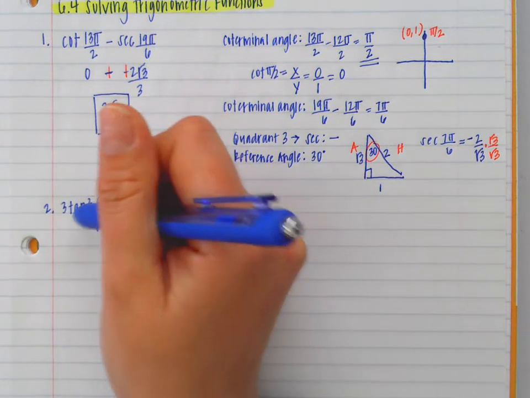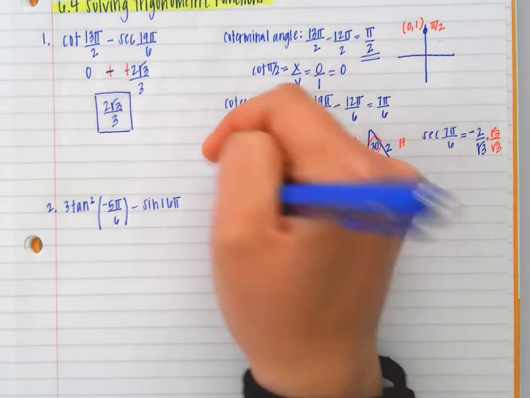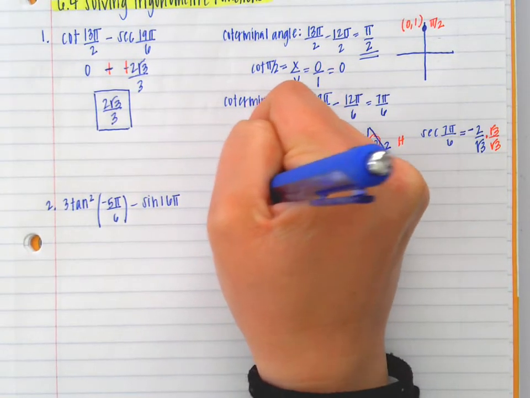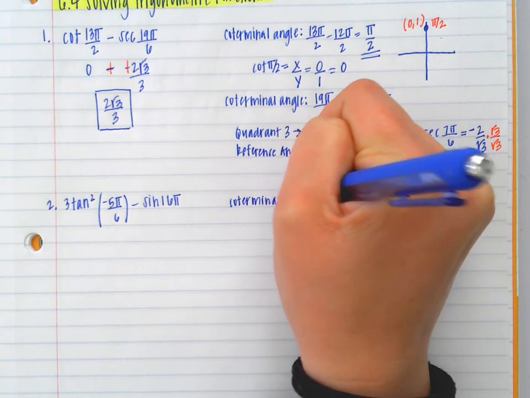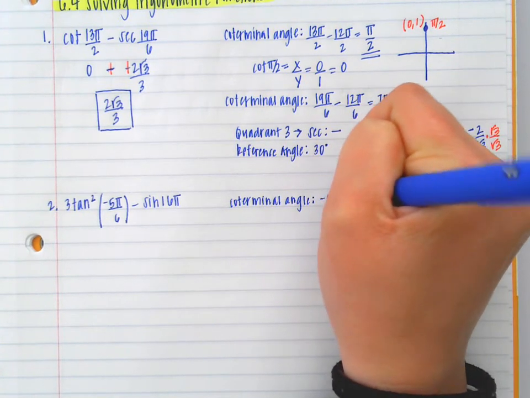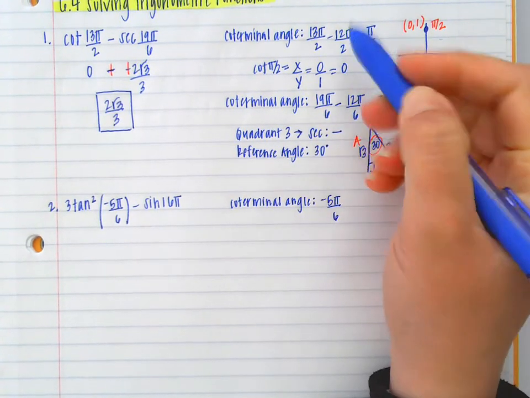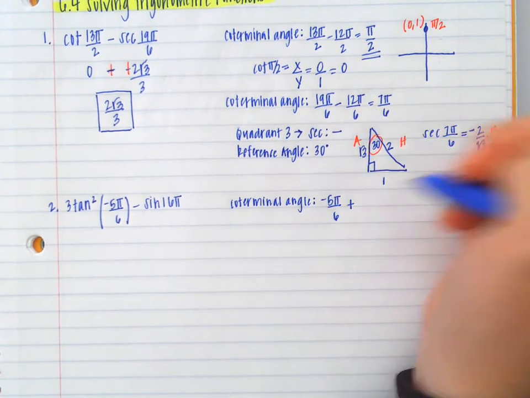Okay, so for negative 5 pi over 6, the first thing we have to do, just like we did over here, is find the coterminal angle. Now this is a negative 5 pi over 6. So instead of subtracting 2 pi like we did up here, I'm going to add 2 pi.